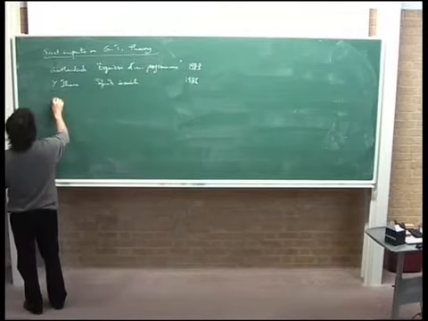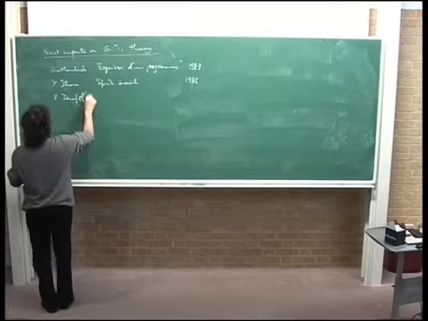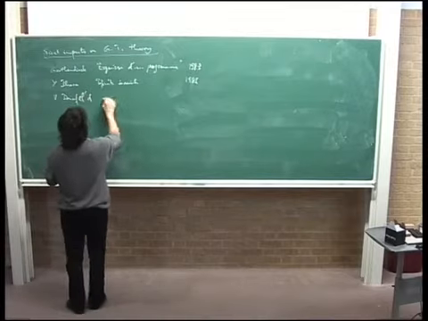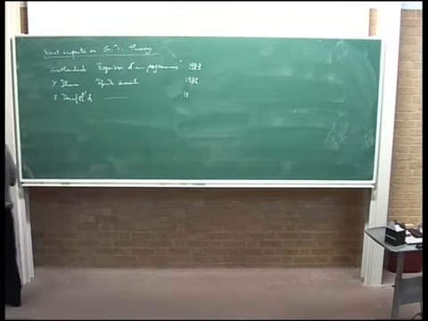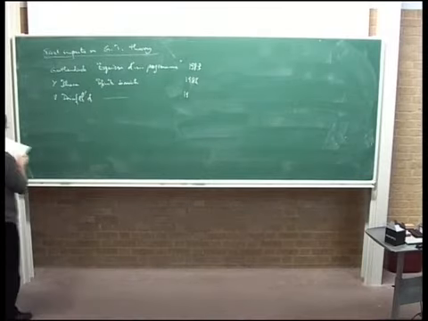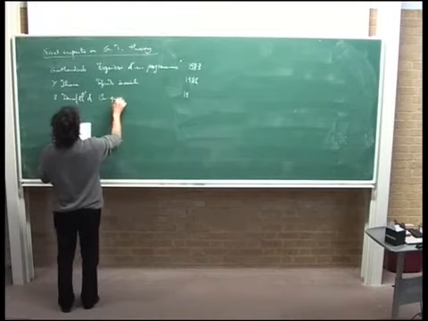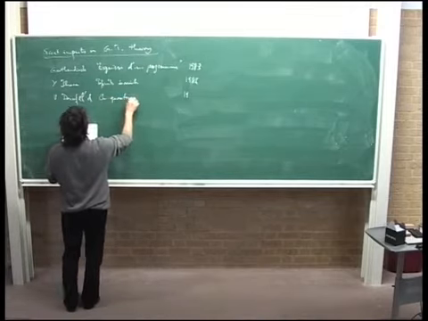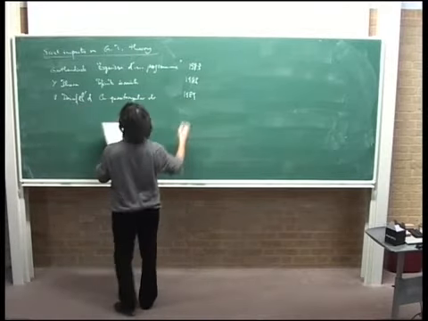Then you have, of course, V. Drinfel'd, famous paper. It's in the Leningrad Journal of Math. Yeah, I have it here. It's a long title that you've all seen probably. It's on quasi-triangular, etc., and it's 1989.